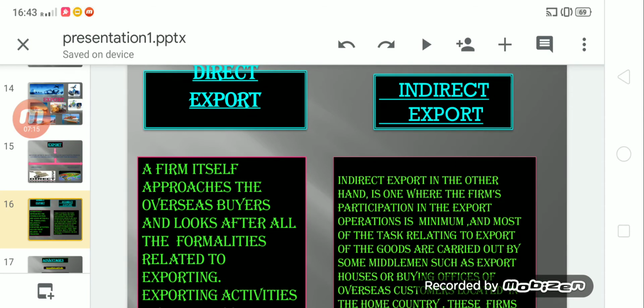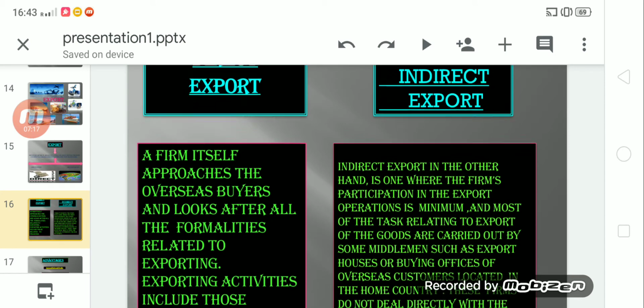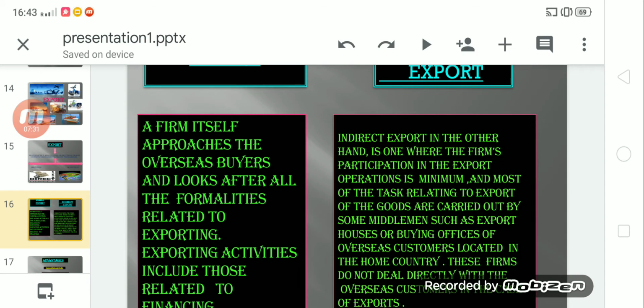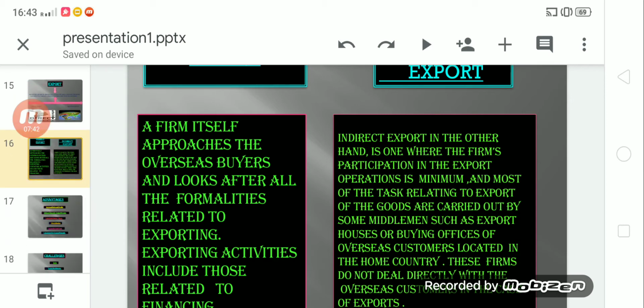Indirect export, on the other hand, is one where the firm's participation in the export operation is minimum and most of the tasks relating to export of the goods are carried out by some middleman, such as export houses or buying offices of overseas customers located in the home country. These firms do not deal directly with the overseas customers in case of exports.